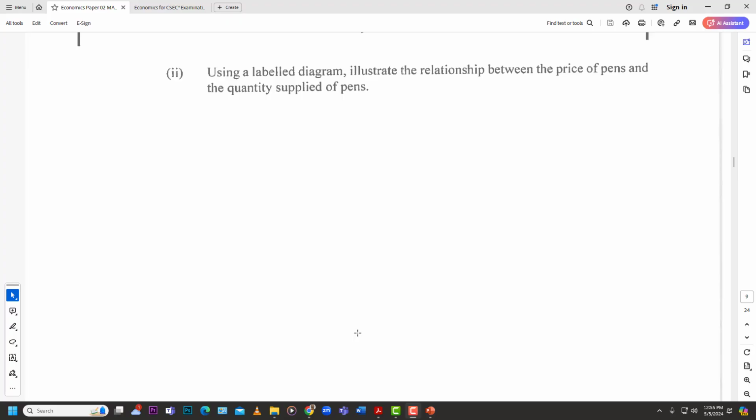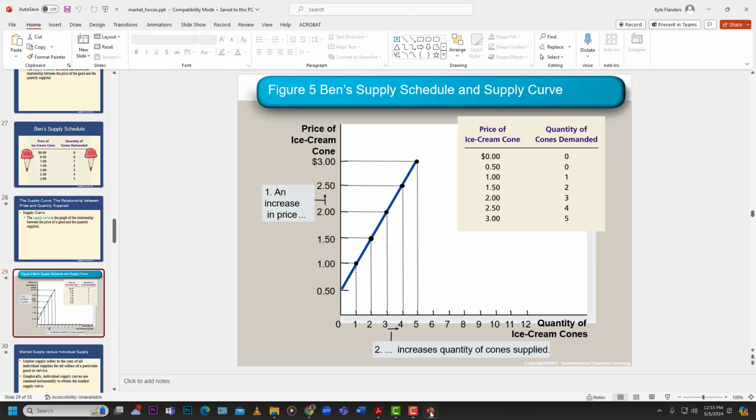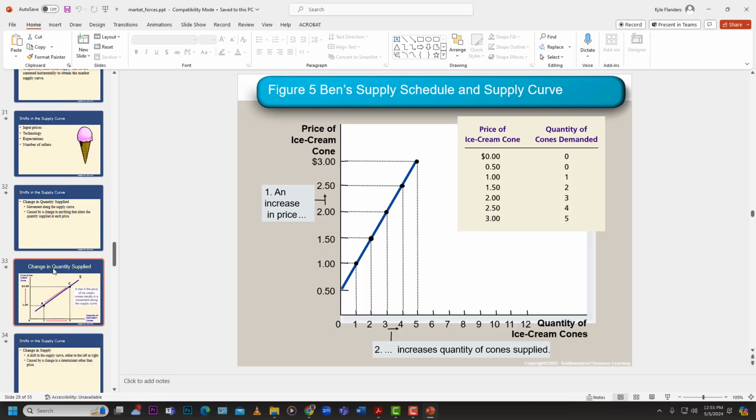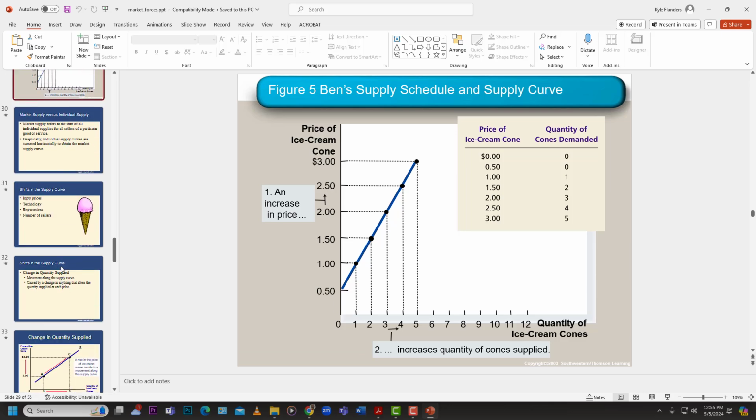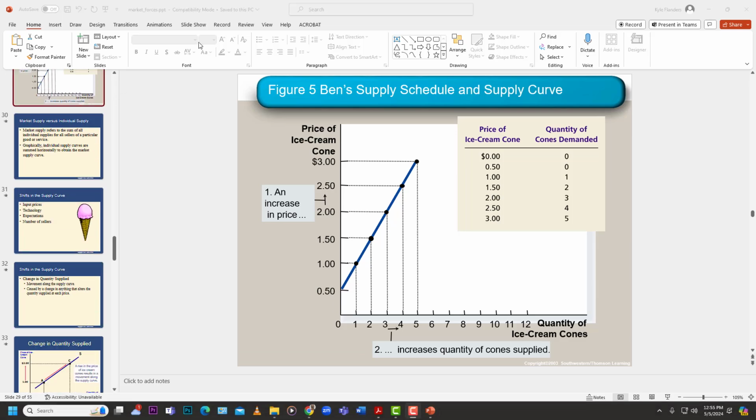You're plugging in all of your numbers and figures, so you can see that as price goes up, quantity supplied also goes up. So we're showing that positive relationship. Of course, ensure you label your diagram properly.